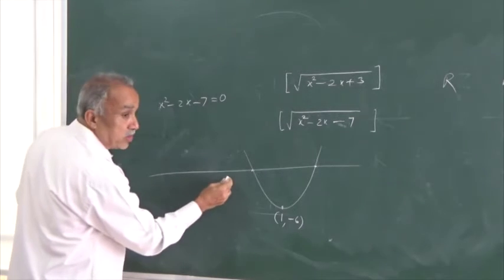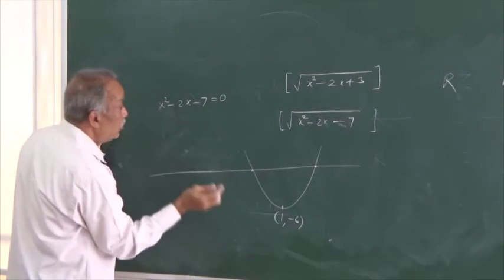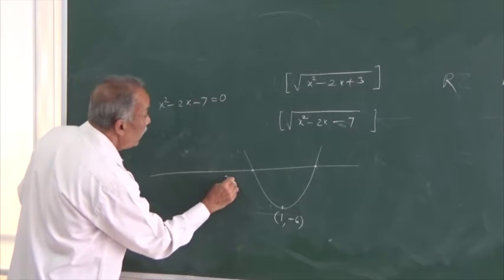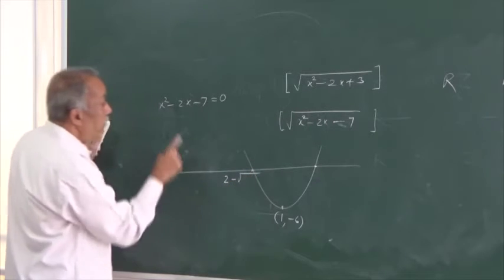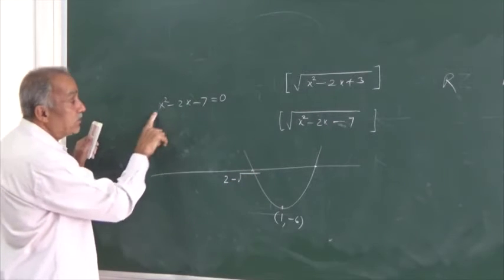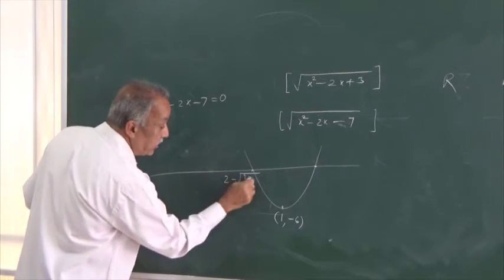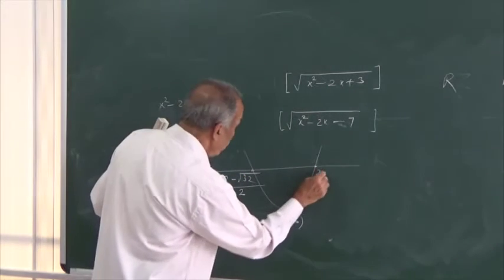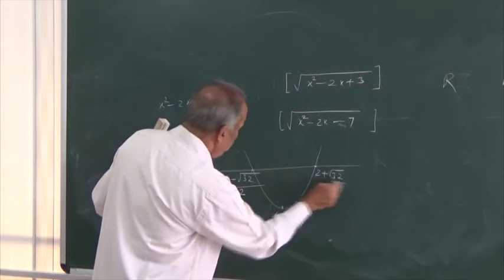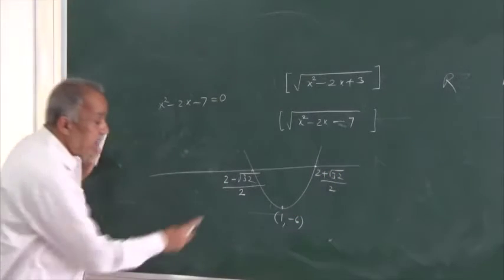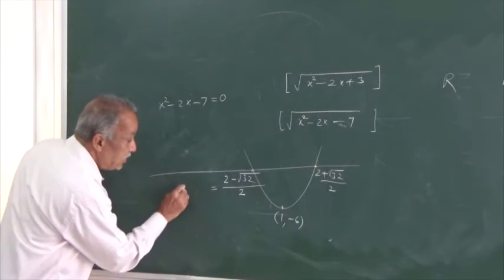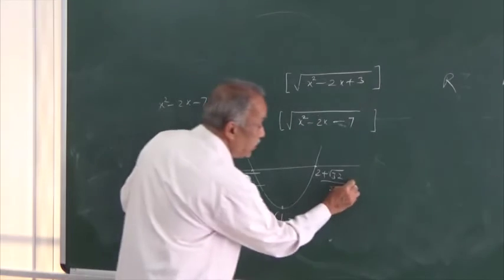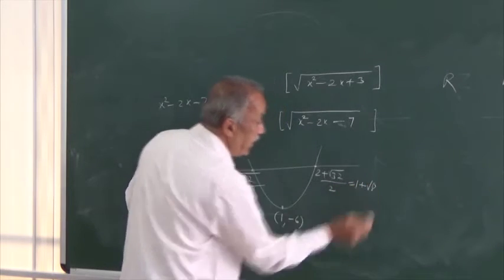The exact values of the roots of the equation are minus b plus or minus root of b square minus 4ac, that is 2 minus root 32, divided by 2a, that is 2. The other root is 2 plus root 32 by 2. Or I can slightly simplify. This is 1 minus root 8 and this is 1 plus root 8.